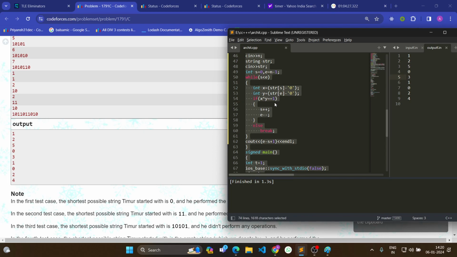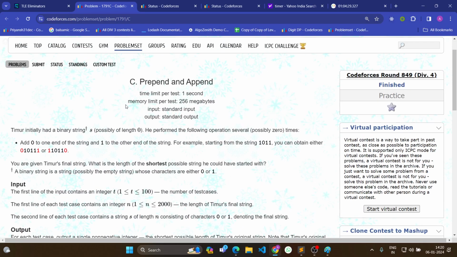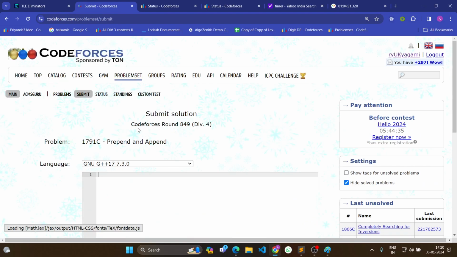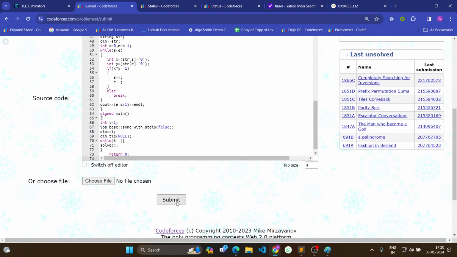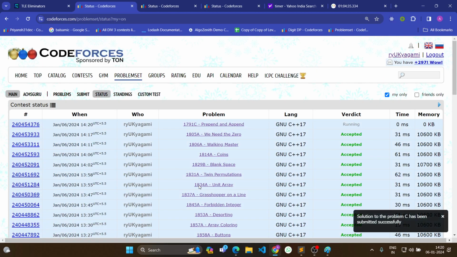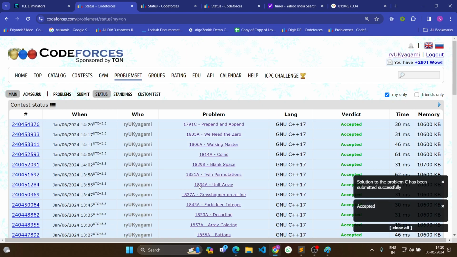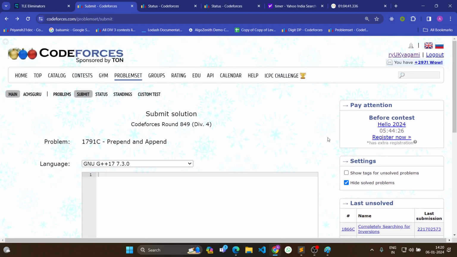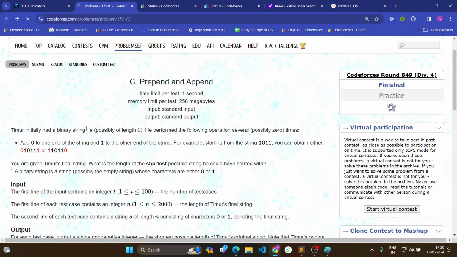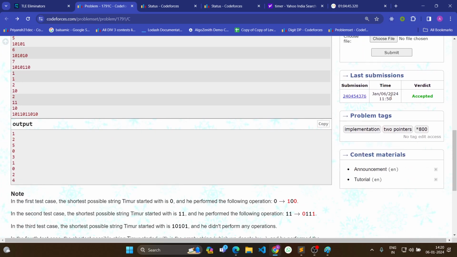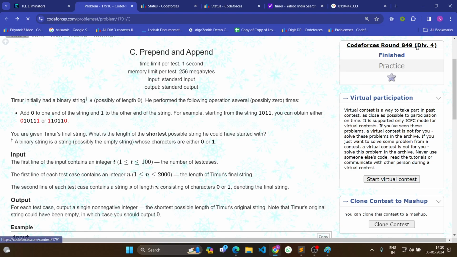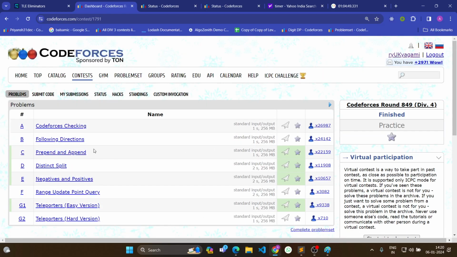Okay. So this is a Div 2 C, as you can see, and yeah, this was pretty easy. Let's look at the number of submissions on this problem. Oh god, this is 22,000.